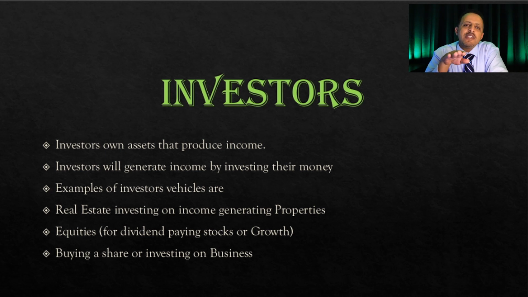To be an investor, you don't have to be self-employed or a business owner. You can be an employee all your life and make a good amount of income if you invest your income properly and save a portion of your income every year. With time, you can be an investor.